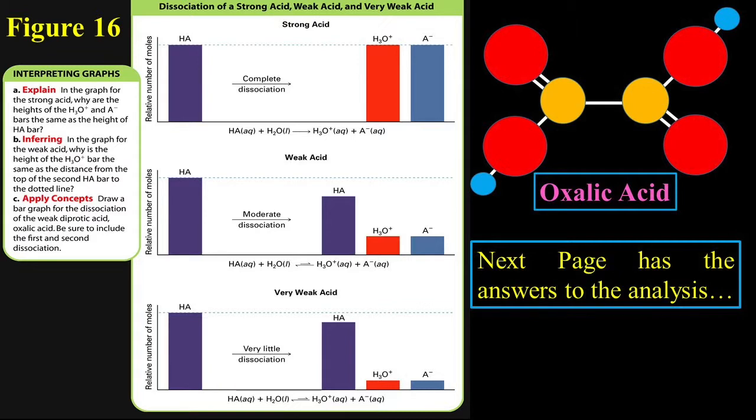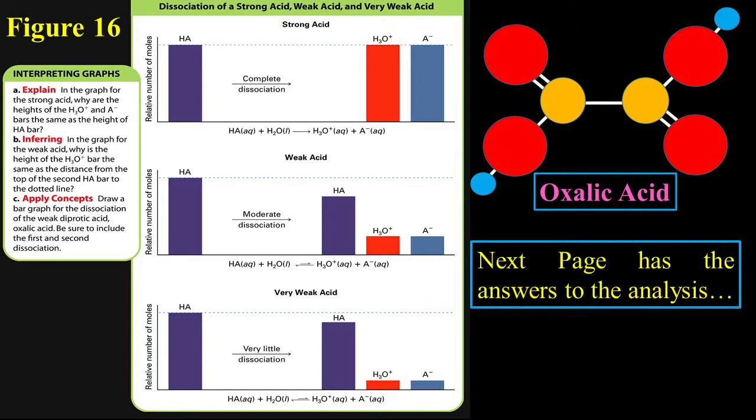In the interpreting graph section to the left of that diagram, A, explain in the graph for the strong acid why the heights of the hydronium and anion bars are the same as the height of the HA bar.